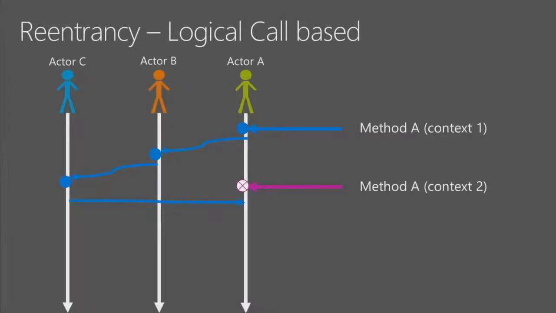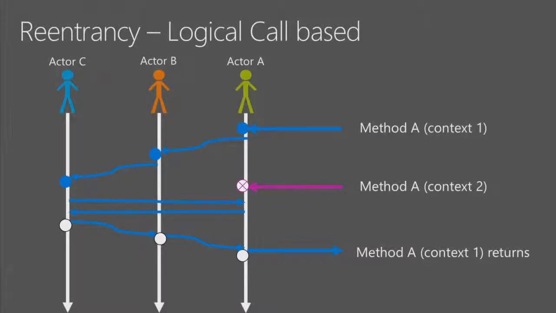When actor C makes a call back to actor A, it is allowed because it's within the same call context. Then we go back to actor C, that call finishes, actor C releases its concurrency lock, then goes back to actor B, goes back to actor A, and then the context returns. So now you basically get a logical call context-based reentrancy.